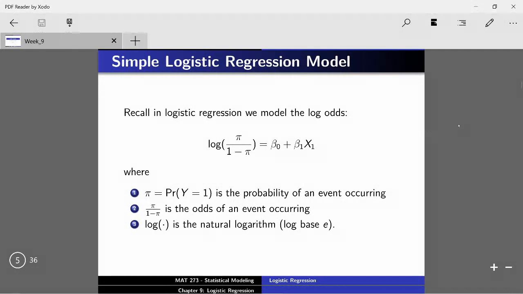Specifically, what is commonly done with logistic regression is this log transformation is the log base e. I know sometimes in other areas they use log base 10, but for logistic regression, it's important that we're using the log base e here.